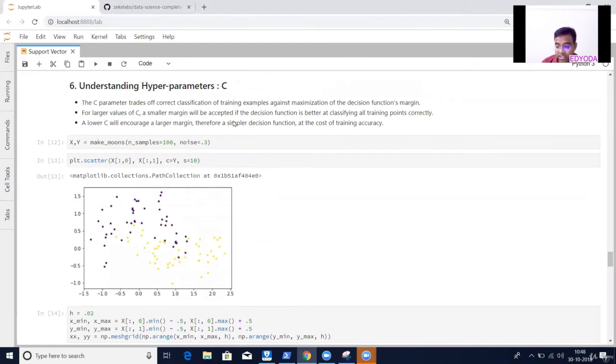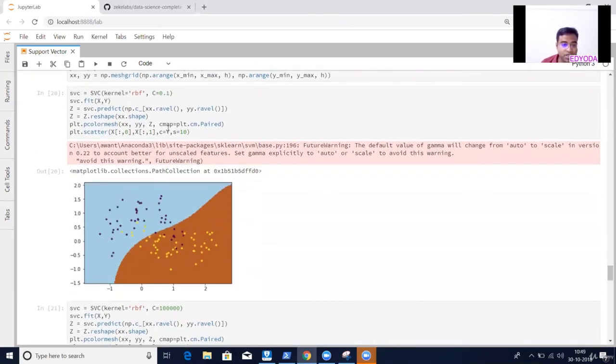So let's understand this with an example. We have data which is not linearly separable. As you can see, there is a certain amount of overlap over here. And when you try to do SVC with kernel RBF and C equal to 0.1, this is the predictor you get, and you can see it's relatively generalized.